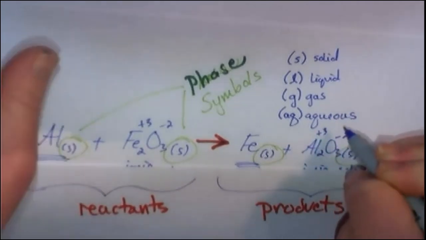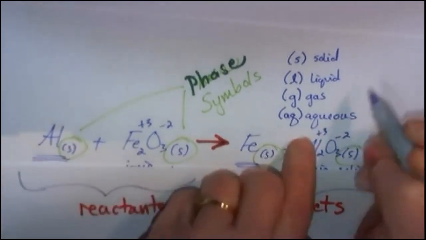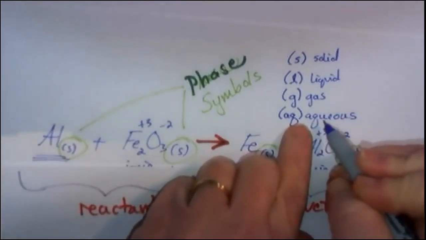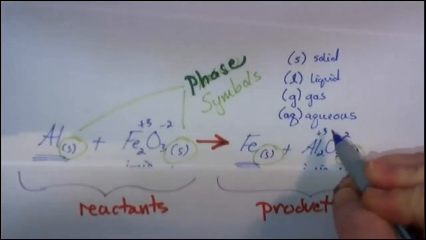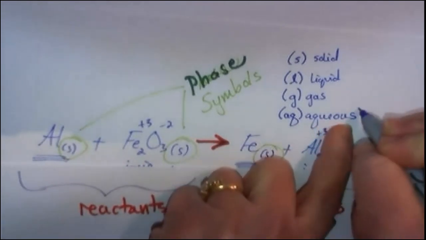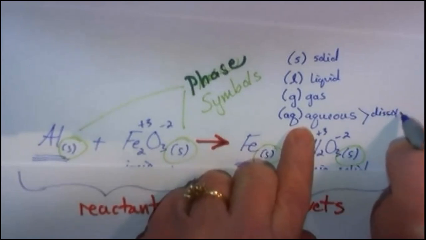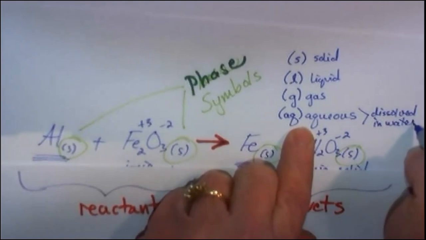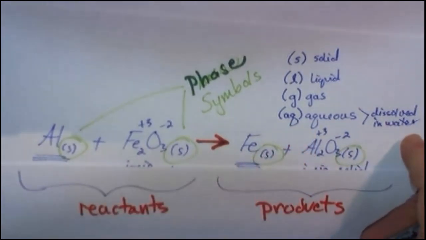Ah, okay, well, if I can just perfect what you said a little bit. Aqueous, A-Q-U-E-O-U-S. We know aqua relates to water in some way, shape, or form. Aqueous means that substance is dissolved in water. And so you're right, water's going to be there in the background where the reaction is happening.